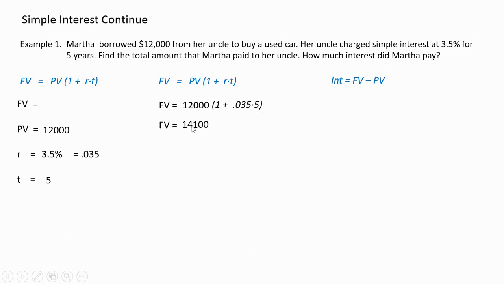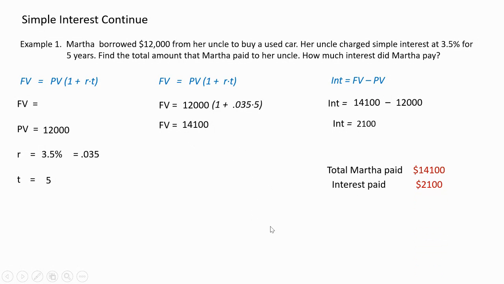The future value is what we just got, 14,100. The present value is the amount that Martha borrowed, which is 12,000. So 14,100 minus 12,000 gives us 2,100. So the total Martha paid is 14,100, and the interest paid is 2,100.